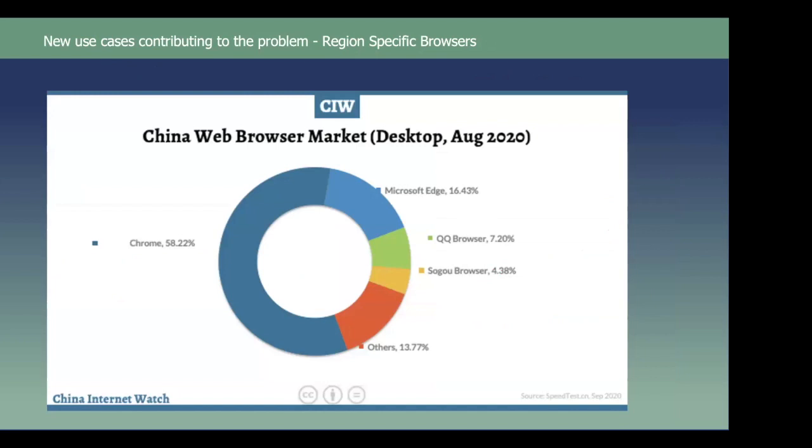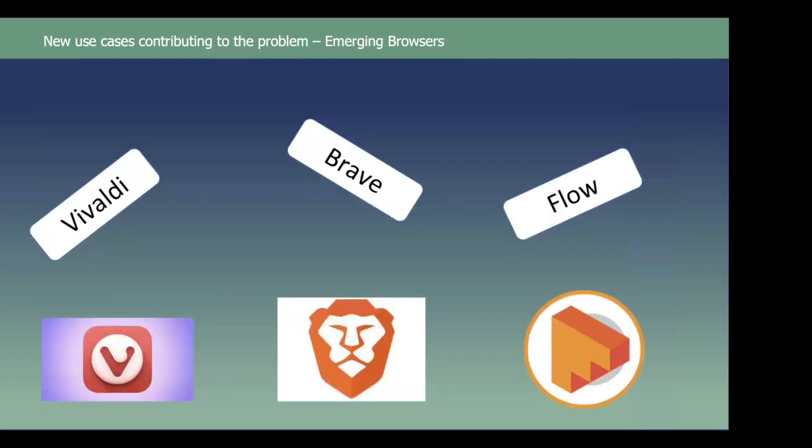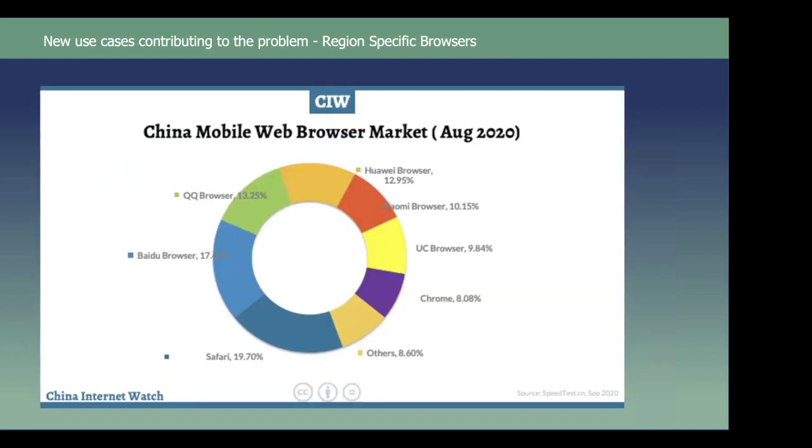This is the China web browser market. You can see that there are so many other browsers competing here. And if you look at the mobile one, Chrome is 8%. So this is a pattern where we have to anticipate what's going to happen next. Is a new browser going to come up, or do we have to test on different browsers, right?